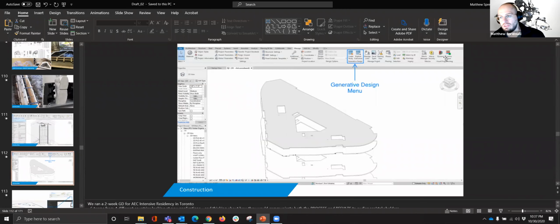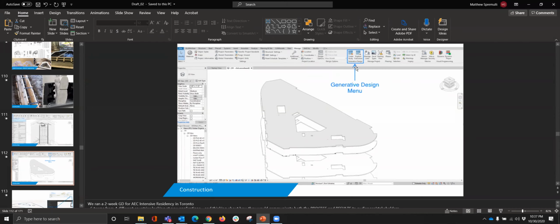For those of you that are using Revit 2020 or earlier, you will need to get Refinery through Dynamo. Technically you can use it both ways. It's just a difference in terms of UI.